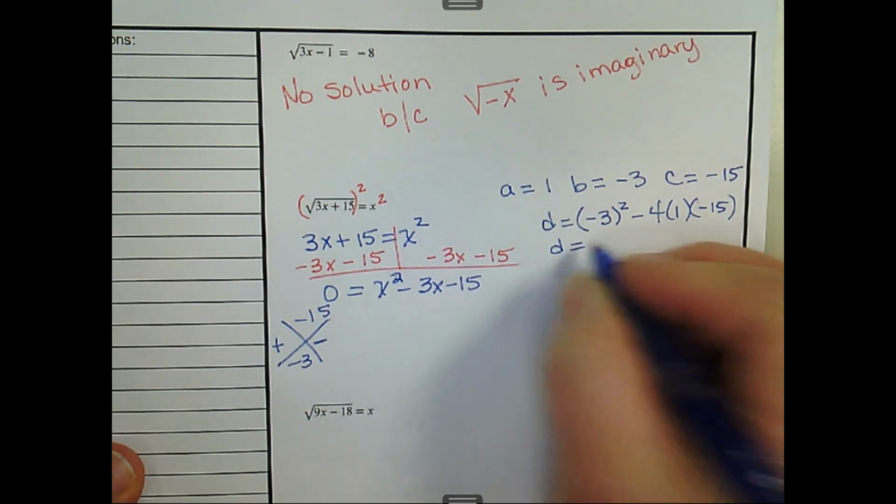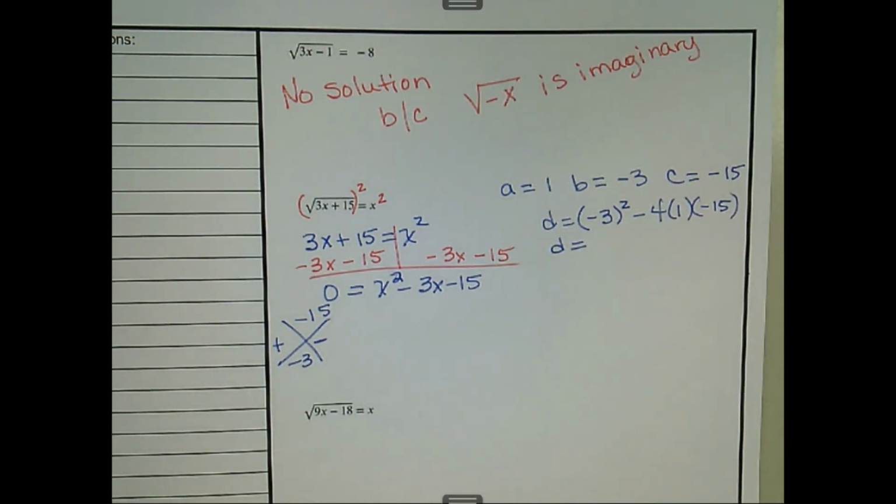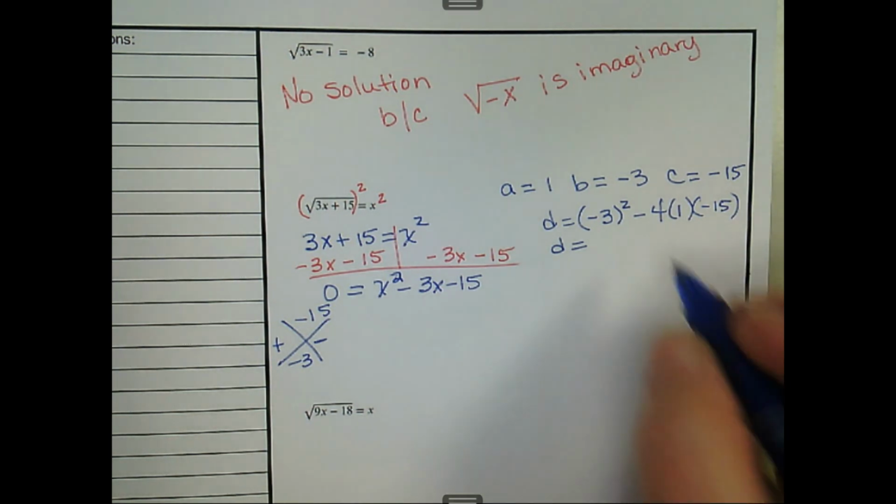What is 3 squared, minus 4 times 1 times negative 15? We get 69.